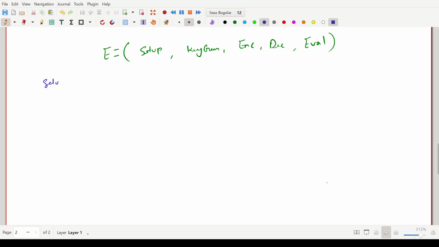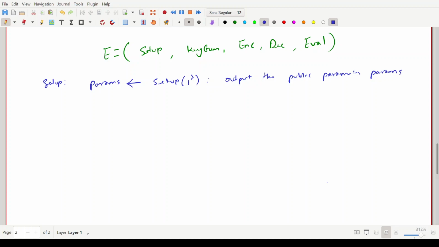First is setup. In setup, what happens? You give the security parameter lambda, and the output is the public parameters, params.